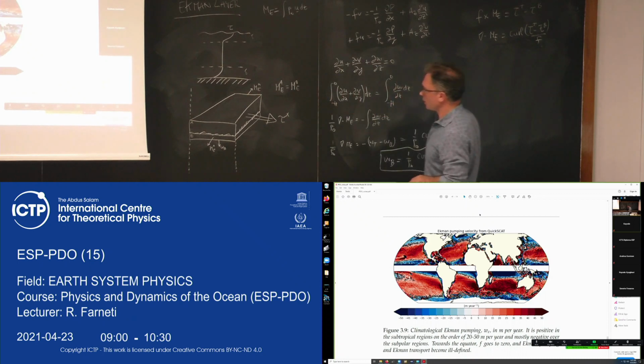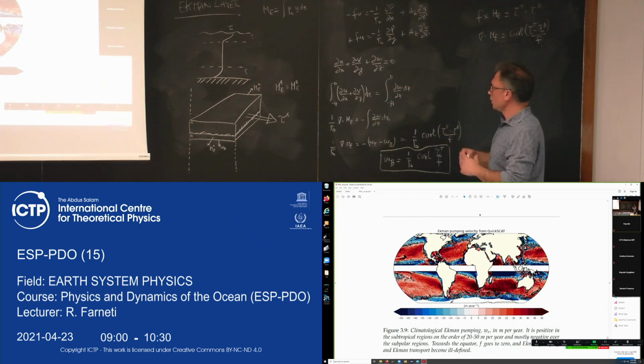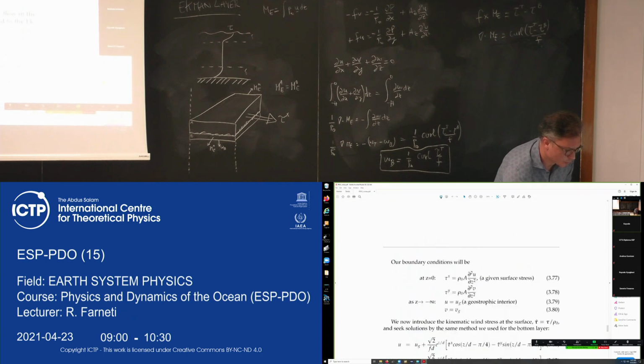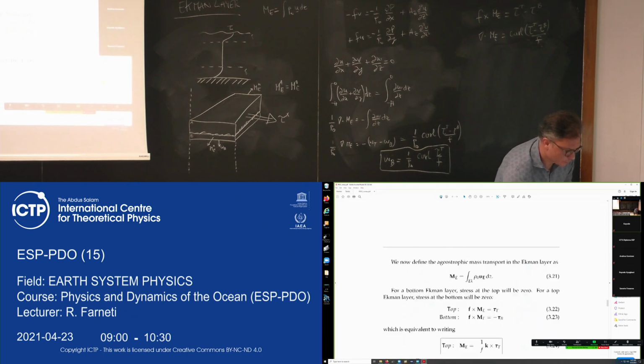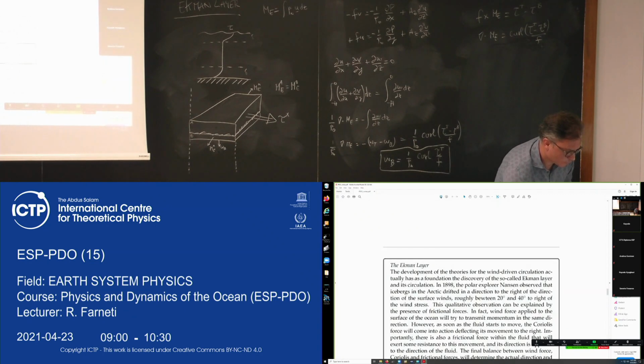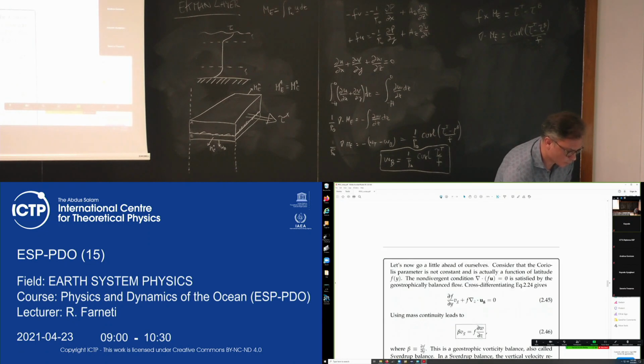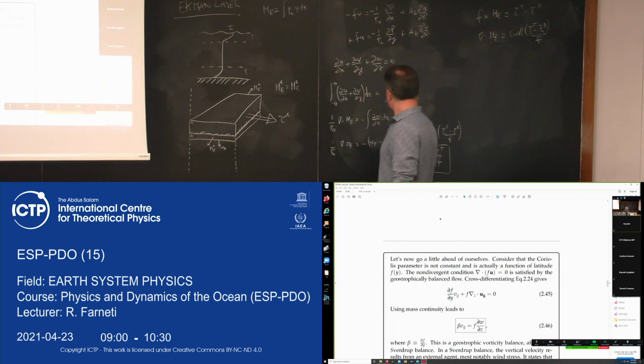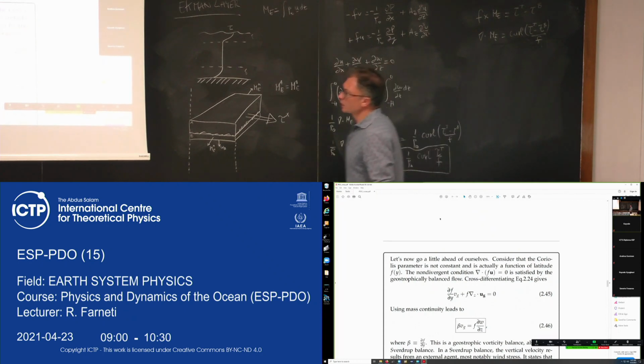And that vertical velocity at the base of the Ekman layer will put the interior of the ocean in motion, as we saw here. Okay? So this WB is nothing but this.